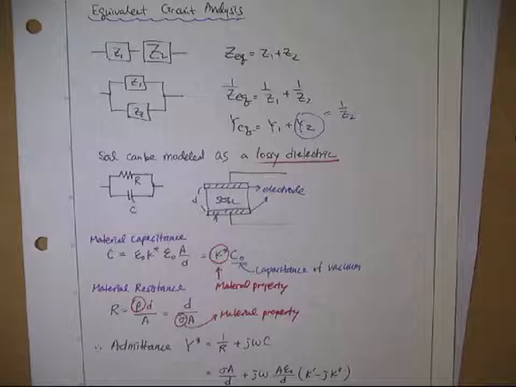And in general, the soil can be modeled as a capacitance and a resistance. So the combination of the capacitor and the resistor, like this one. And this is called a lossy dielectric model.